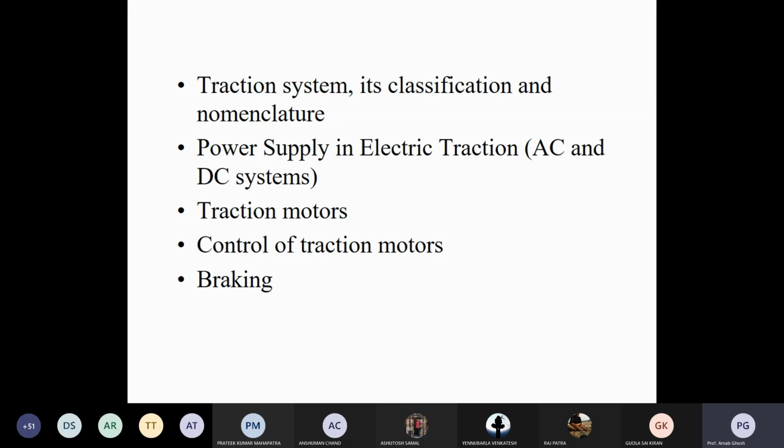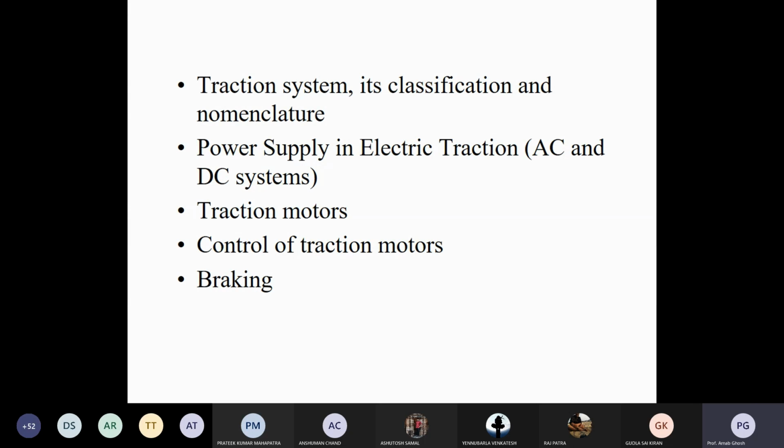You need to utilize that energy rather than lose it, so dynamic braking is not cost efficient. So for MEMUs traveling 200 kilometers with stations 15 to 20 kilometers apart, there is scope for regenerative braking, then dynamic braking.